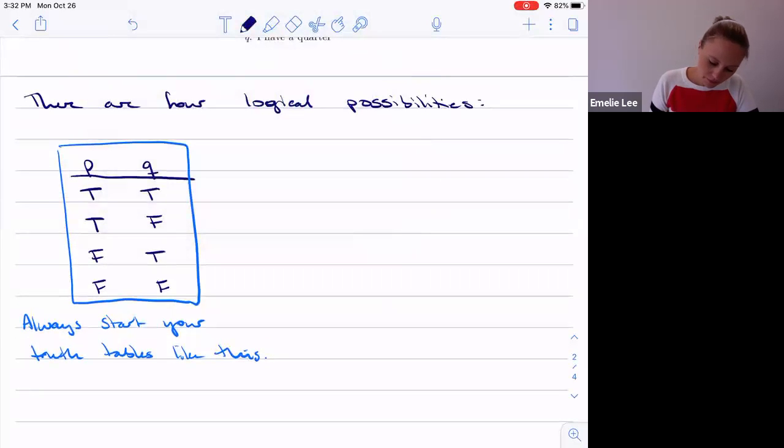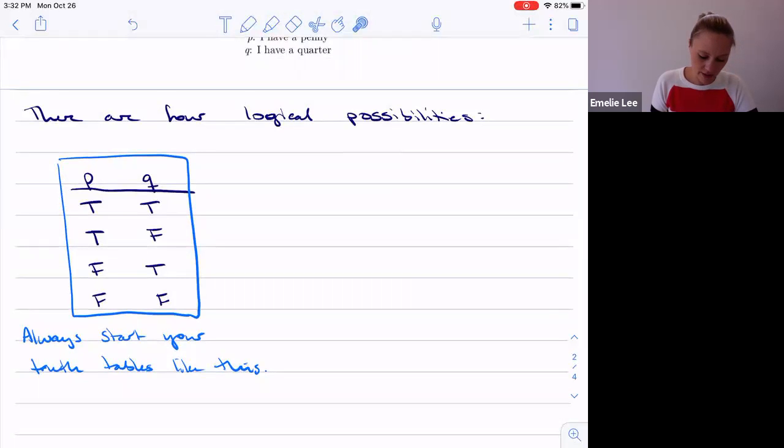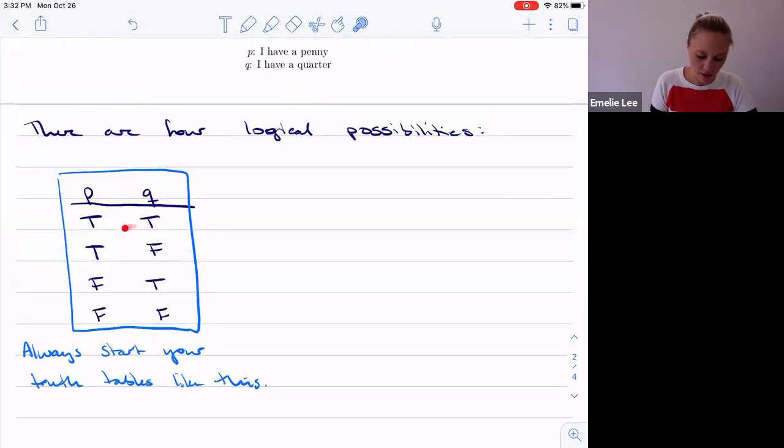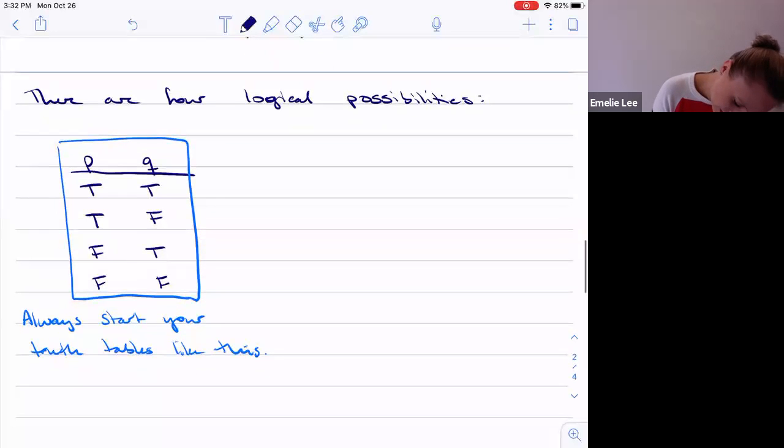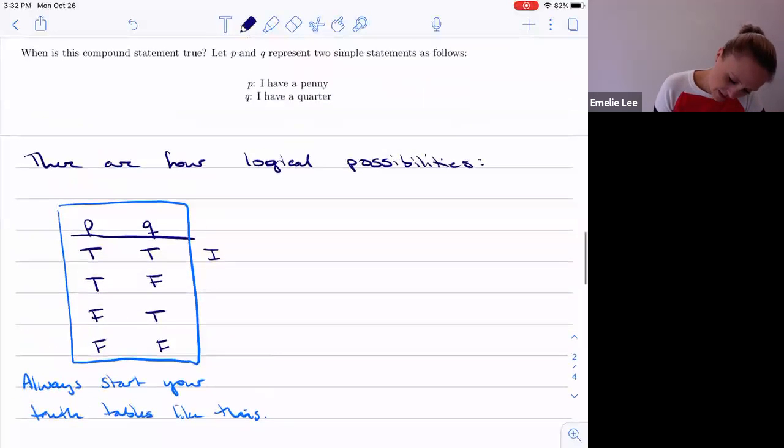So here are my possible outcomes, right? I think we can all agree that these are all the possible logical outcomes. And if P is I have a penny and Q is I have a quarter, then I can go through and talk about what these look like. So in words, true, true is I have a penny.